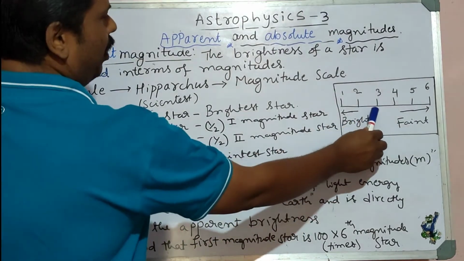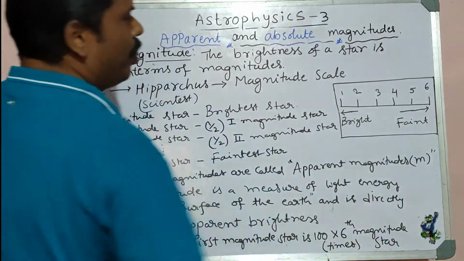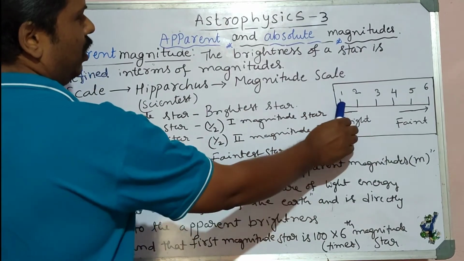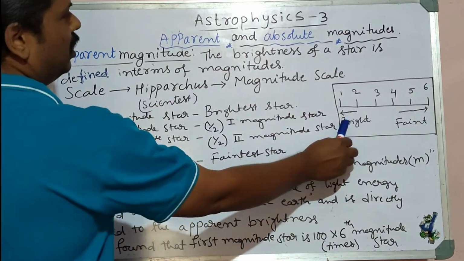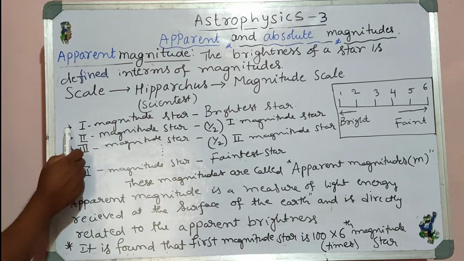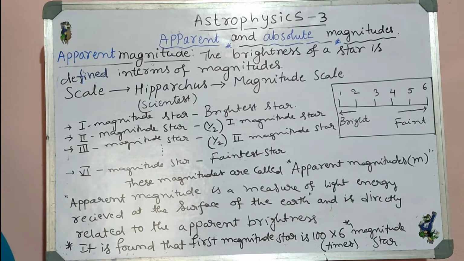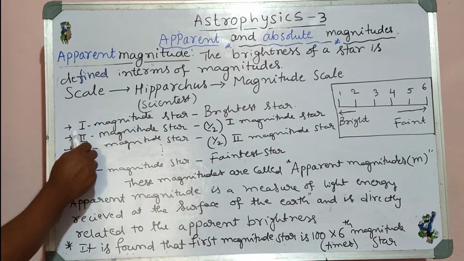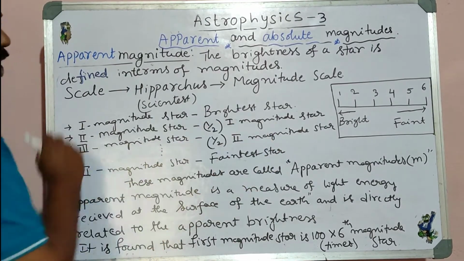Here, the lower the number, the brighter the star, and the faint stars go towards the highest value. The stars under number 1 magnitude are the brightest, and number 6 is the faintest. The first magnitude star is the brightest star. The second magnitude star is half the brightness of the first magnitude star.